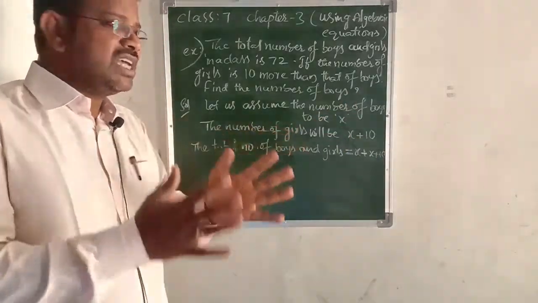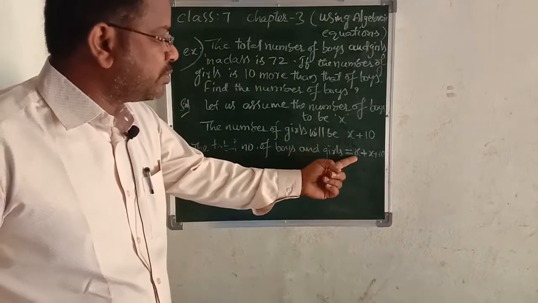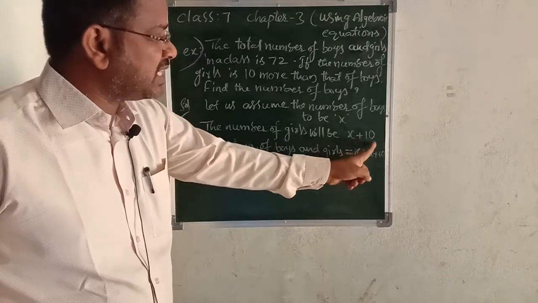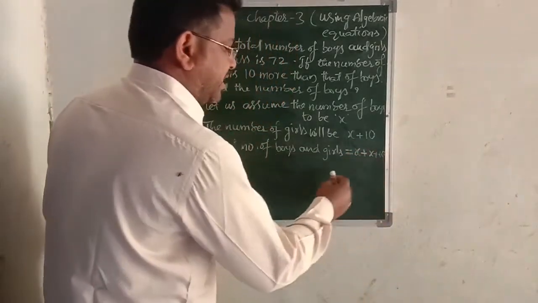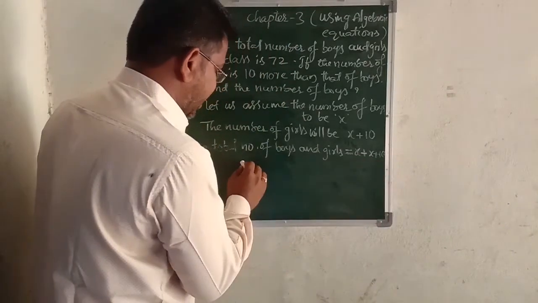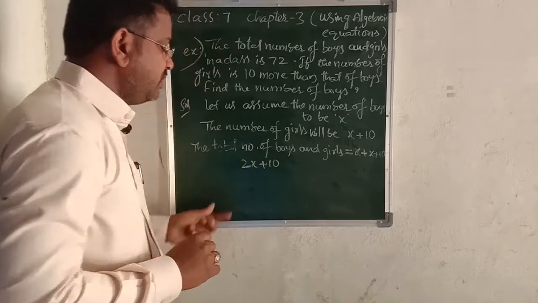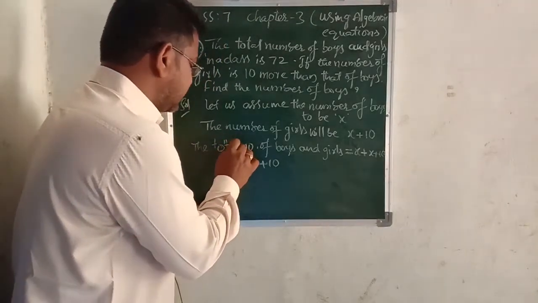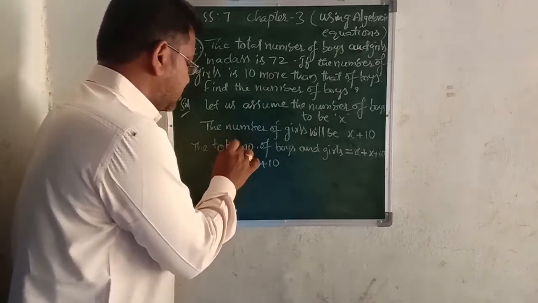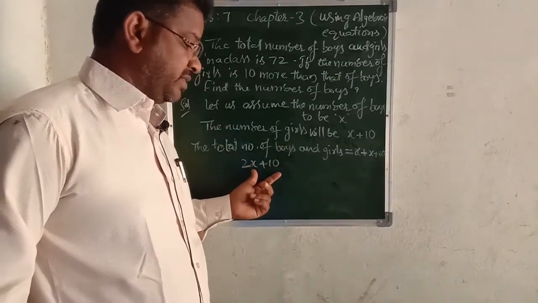Our total of boys and girls in the class is x boys plus x plus 10 girls. Boys and girls together, x plus x, 2x, plus 10. The total number of boys and girls in the class is 2x plus 10.